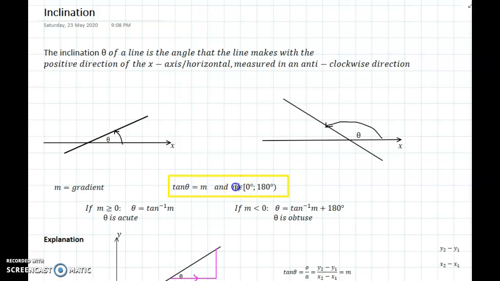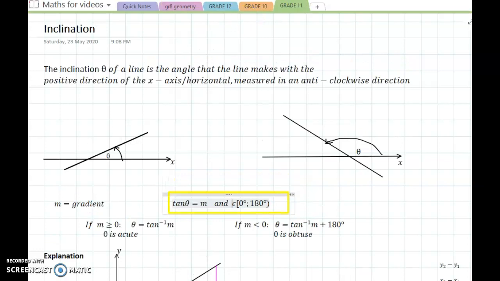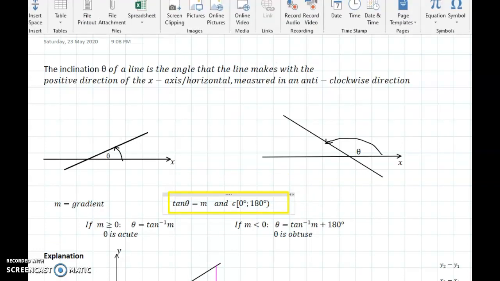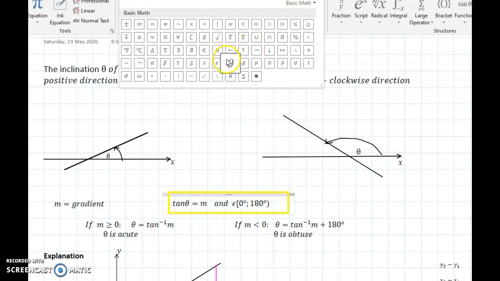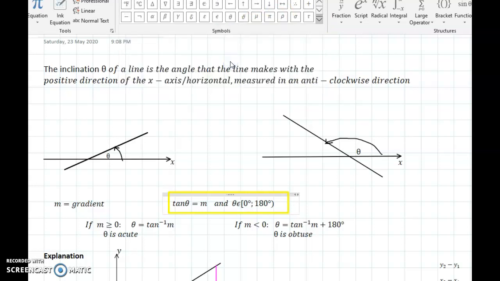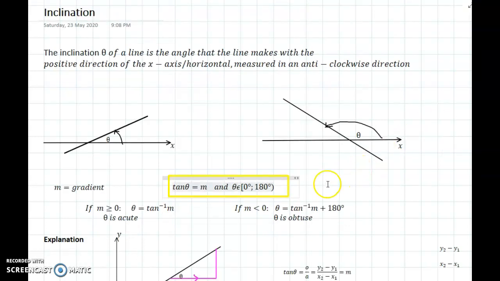So let me just change that and let me put theta in there. Let's find theta. Theta is an element, and theta is between 0 and 180 degrees.